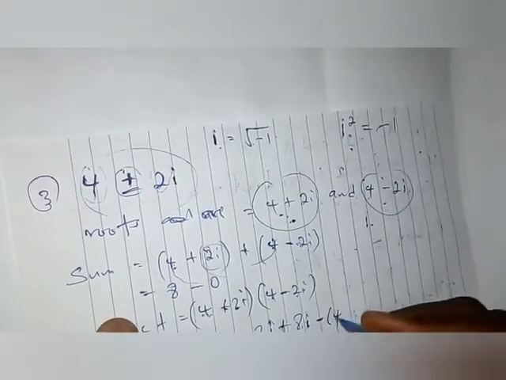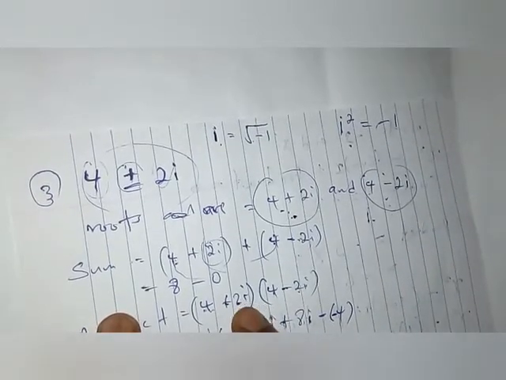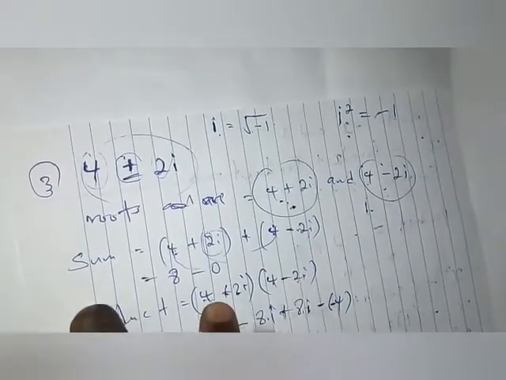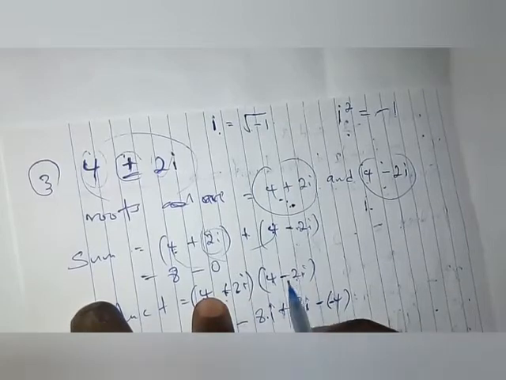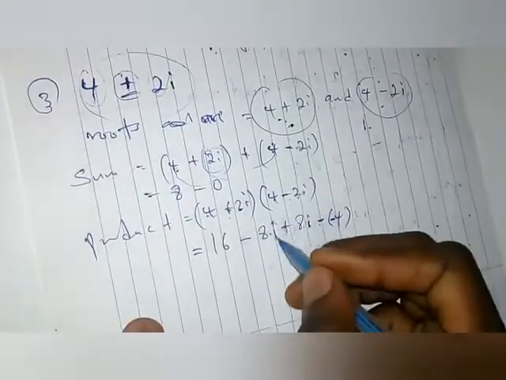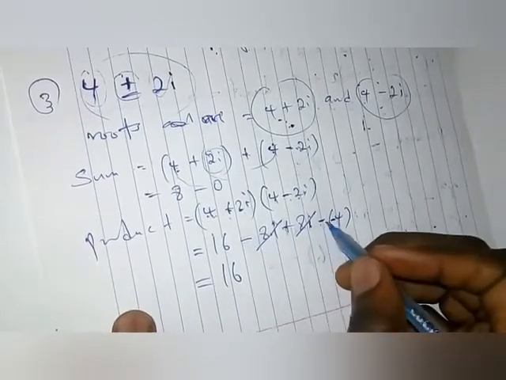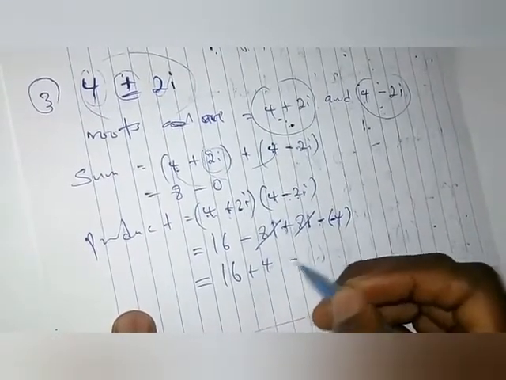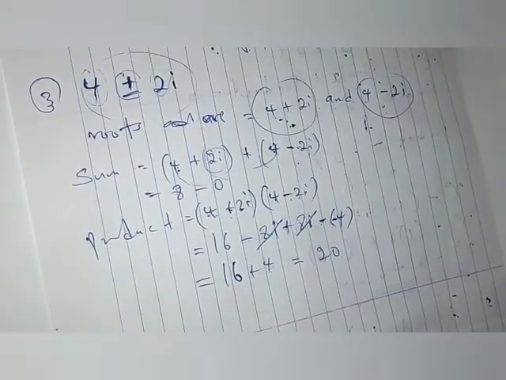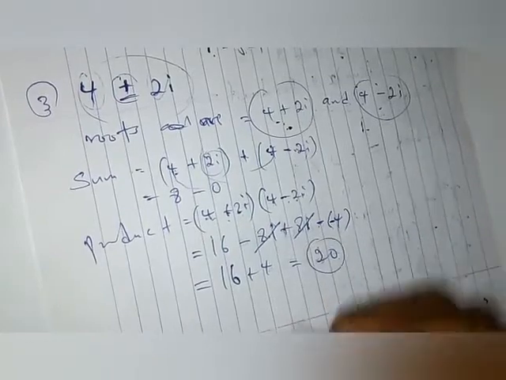So here we have minus 4 times -1, which is plus 4, since minus times minus gives plus. The 8i terms cancel out. So this is 16 plus 4, which equals 20.